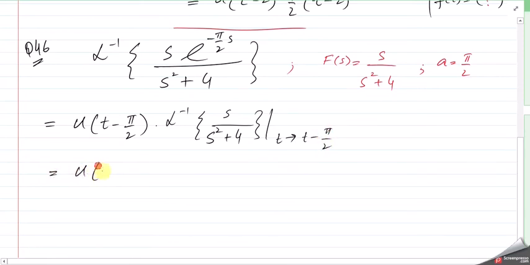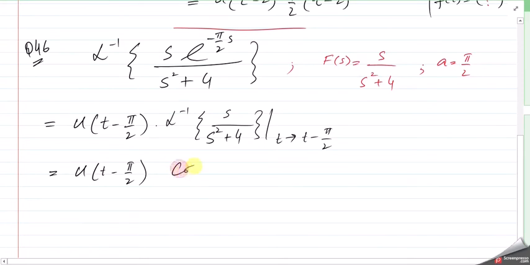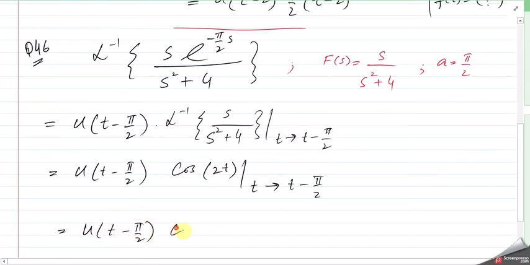What is Laplace inverse of s over s square plus 4? Here it is, s over s square plus 4. K will become 2. So that will be cos of 2t, but then we have to do the shift. Do not forget the shift in all these cases. That becomes u(t minus pi by 2) cos of 2 times (t minus pi by 2).